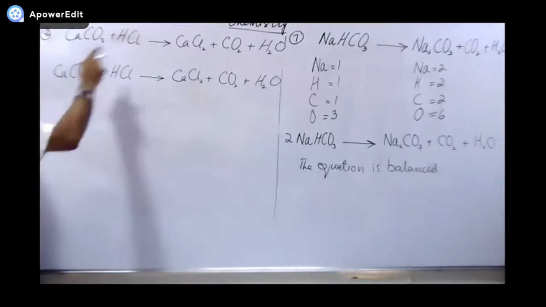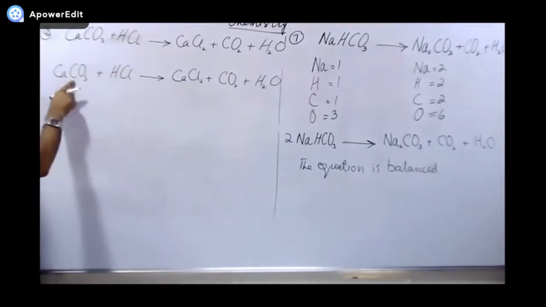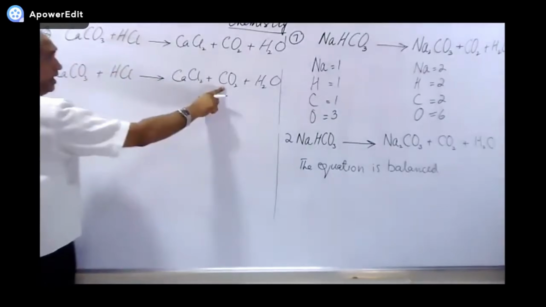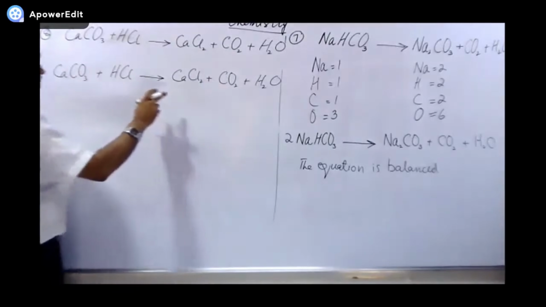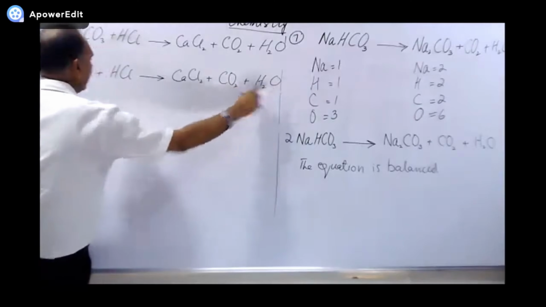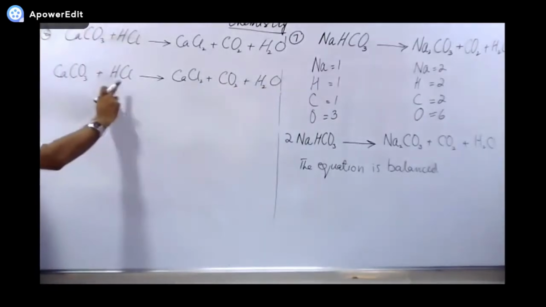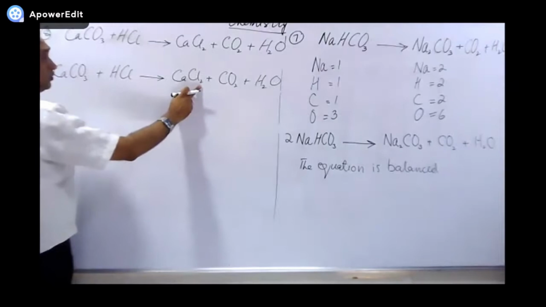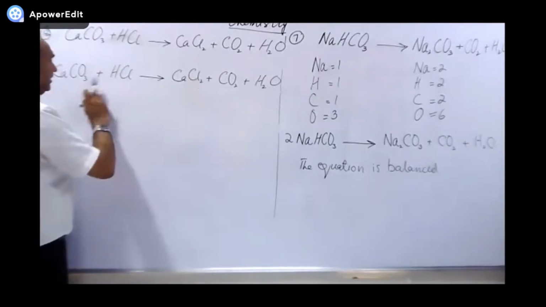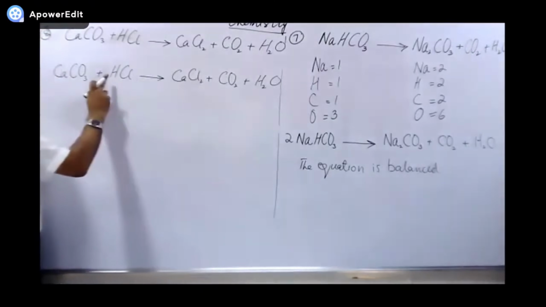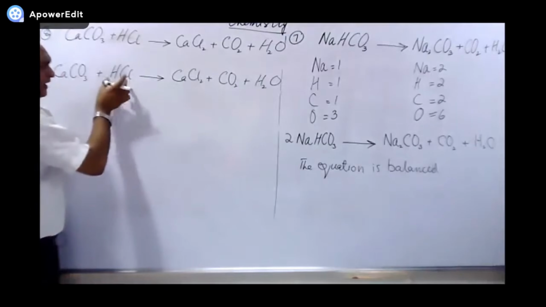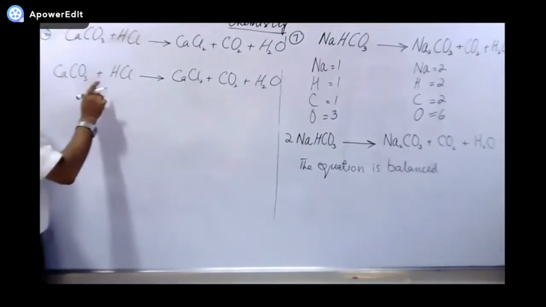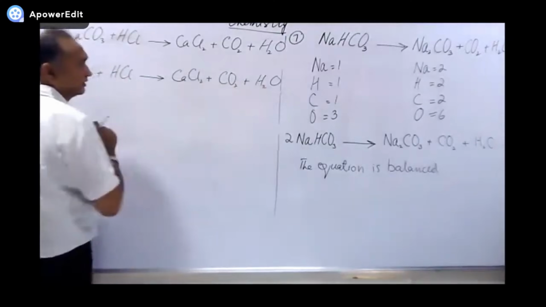One calcium, one calcium, one carbon, three oxygens, two and one, three oxygens, one chlorine, two chlorine, one hydrogen, two hydrogen. So what should we do to balance these two? One hydrogen, two hydrogen. Very simple.